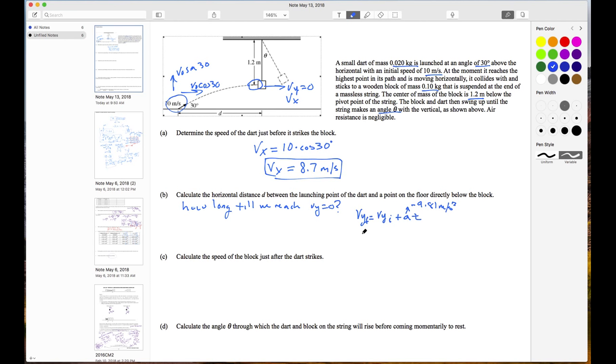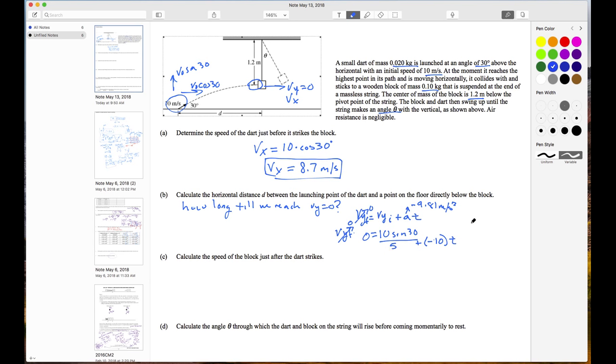If I use negative 9.81, I'll find that Vy final, what is this value? This is actually 0. So 0 equals Vy initial, 10 sine 30, which is just 5, since sine 30 is 0.5, plus negative 10 t, or negative 9.81 t.